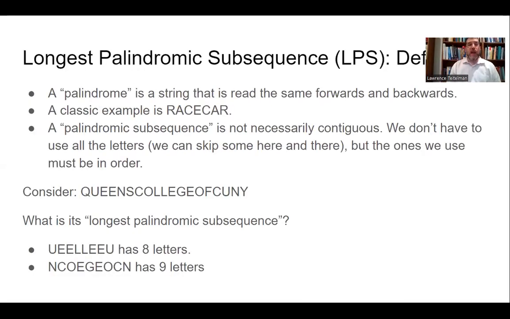Okay, so now we're going to move on to a very interesting problem. One that if you could solve it at all, you would probably use recursion, and recursion is going to be way too expensive. So this thing is called the longest palindromic subsequence, okay? And I'm calling it LPS here.